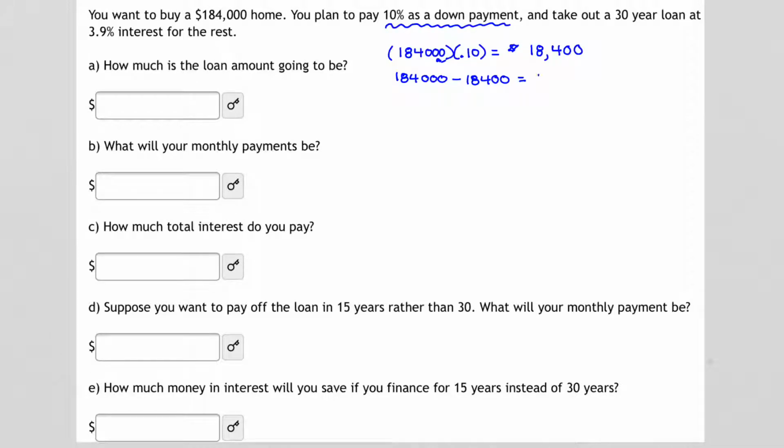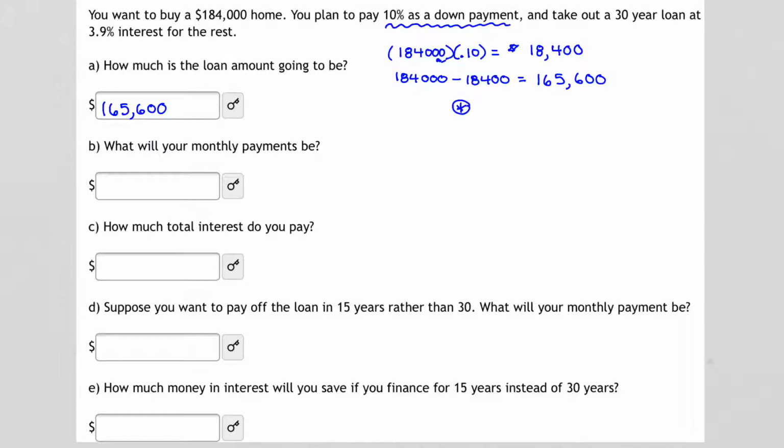That gives us $165,600. That's the amount that we will be taking out for our loan, $165,600.